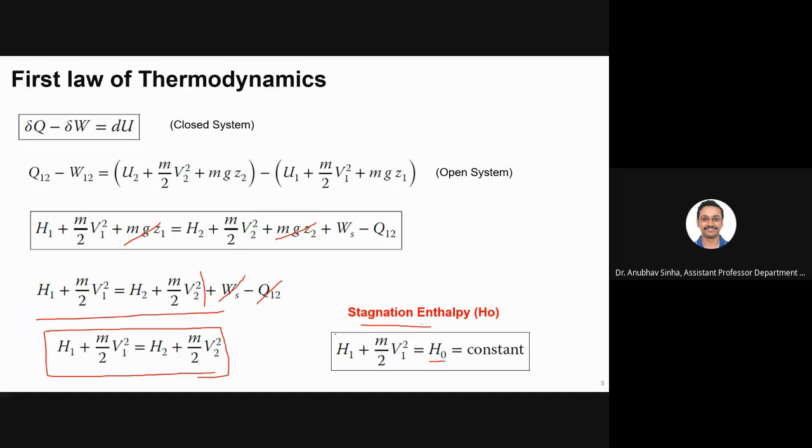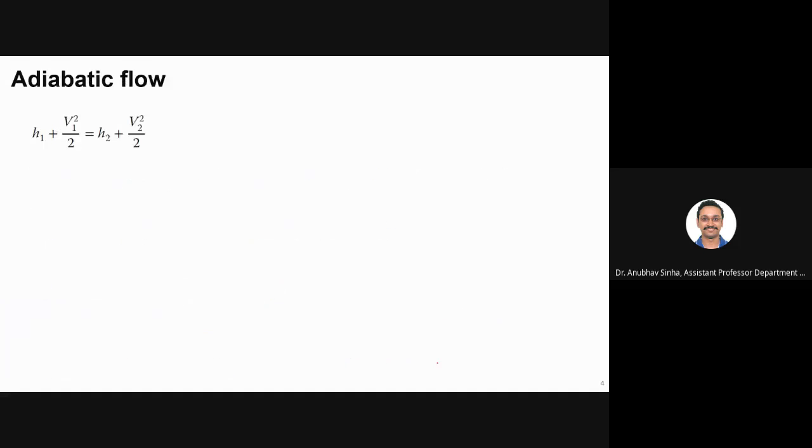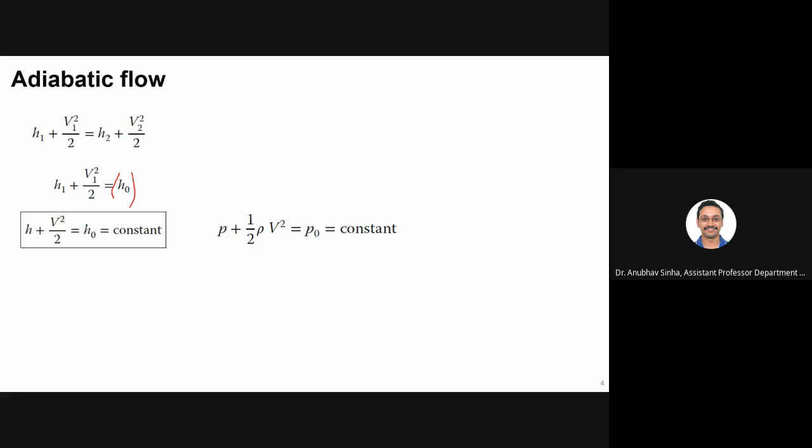So we can say that this is equal to H0. Okay, now in adiabatic flow or isentropic flow, this is what we had in the last slide. Again, we can define this as stagnation enthalpy. Okay, which is constant for an isentropic or adiabatic flow.